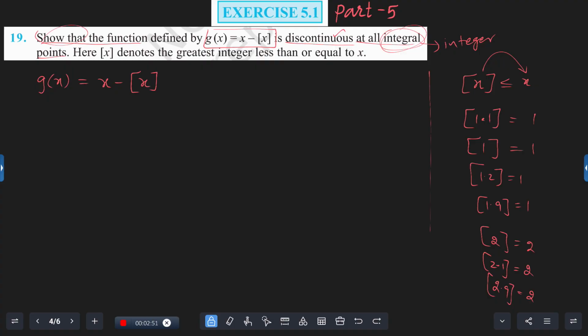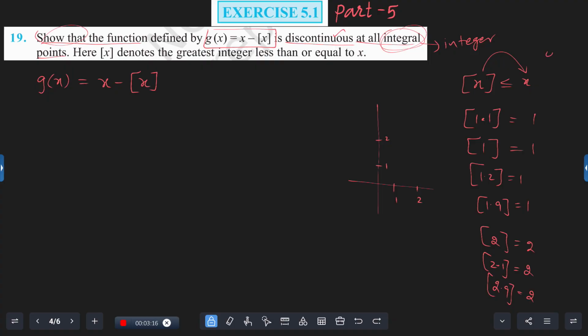So whatever number I use inside the greatest integer bracket, the outcome must be an integer less than or equal to the given number. If you draw the diagram, it will come like this. Points 1, 2.